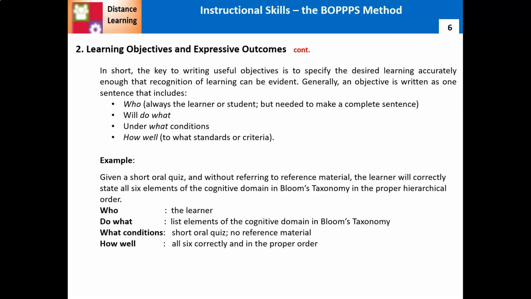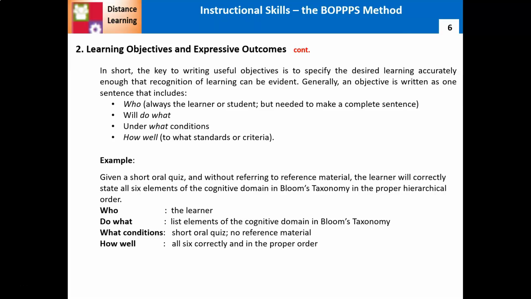So who is the target? The target is the learner, and what the learner should be able to do. So this is to list the elements of the cognitive domain in Bloom's taxonomy, and under what conditions the student should demonstrate the knowledge: through an oral quiz.